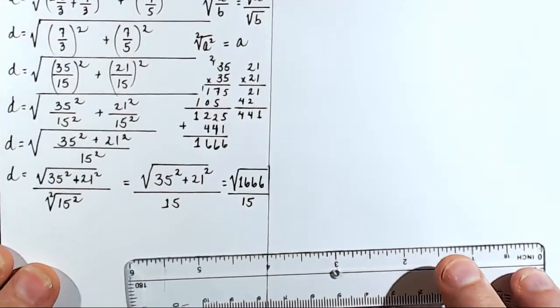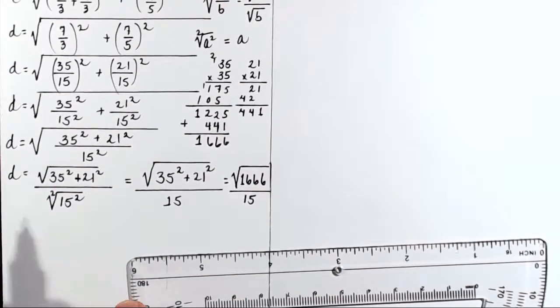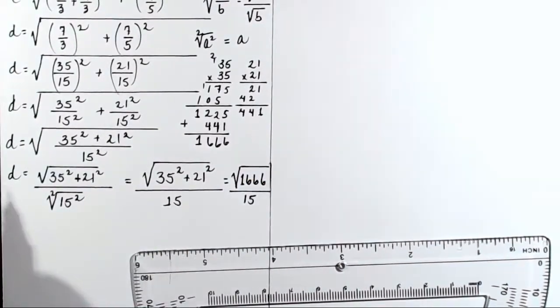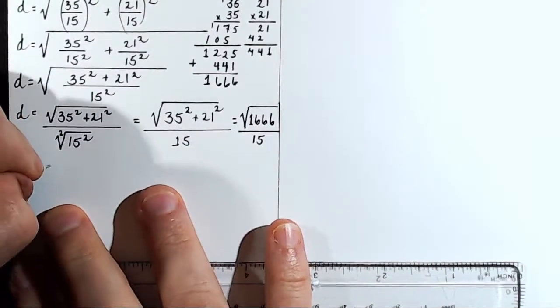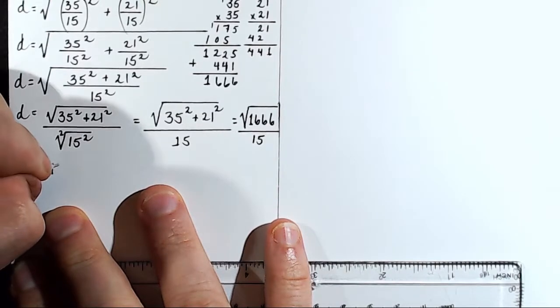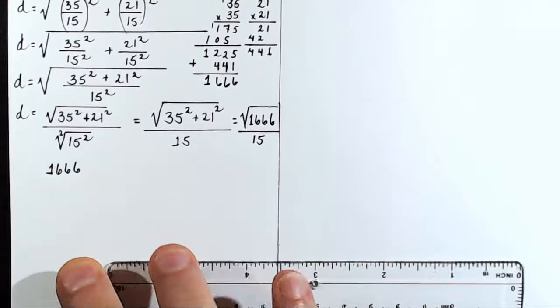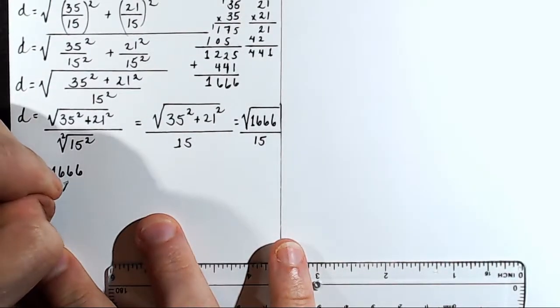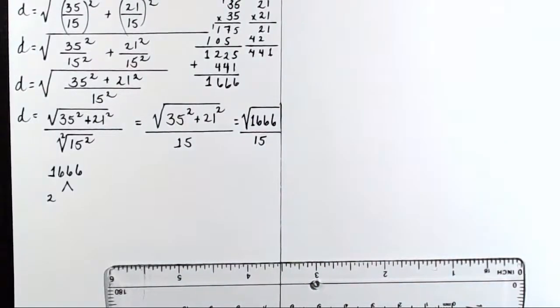Now, this is kind of the step like, what do I do now? Well, we can prime factor 1,666. And that's exactly what we're going to do. Here's how you prime factor a number like that. We know that it's got to be divisible by 2 because it's even. All right, so what is 1,666 divided by 2?